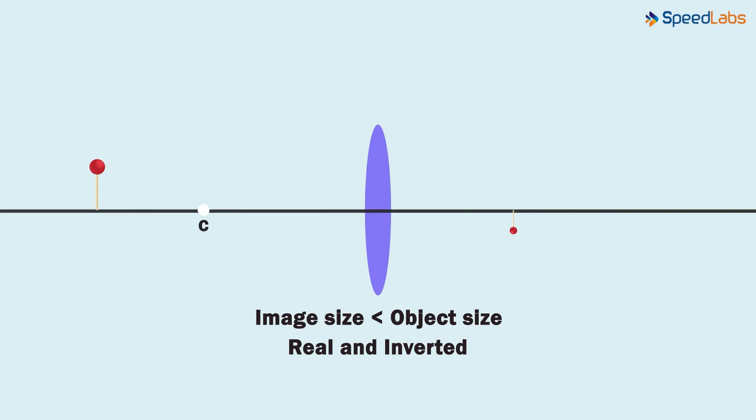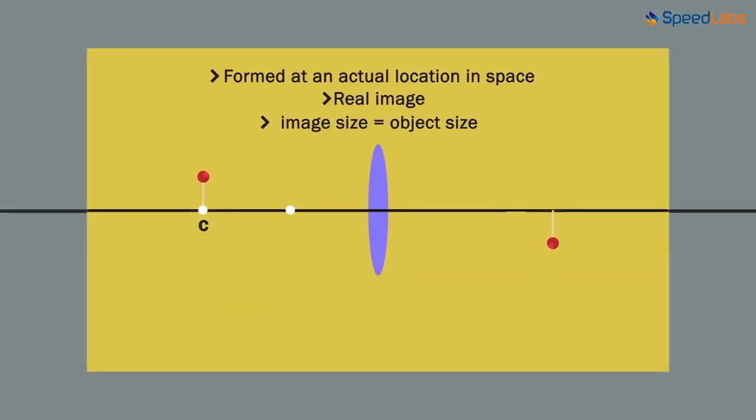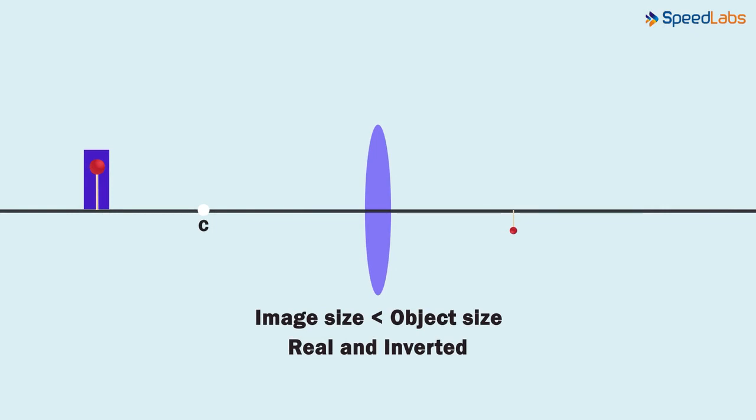This is exactly what you will also notice in an actual convex lens as well. There will be a particular distance from the lens at which the image will be real and inverted, and its size will be the same as that of an object. And also beyond this position, the size of the image will keep on reducing, but its nature will be the same.